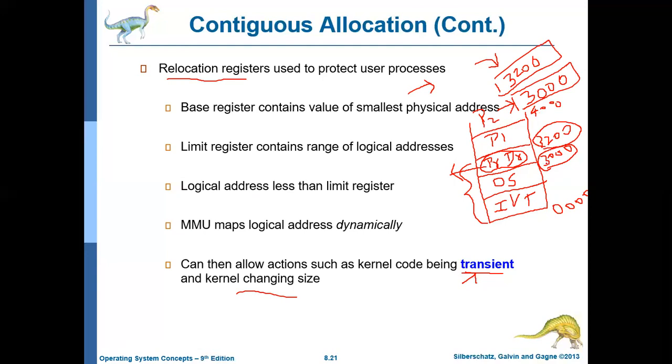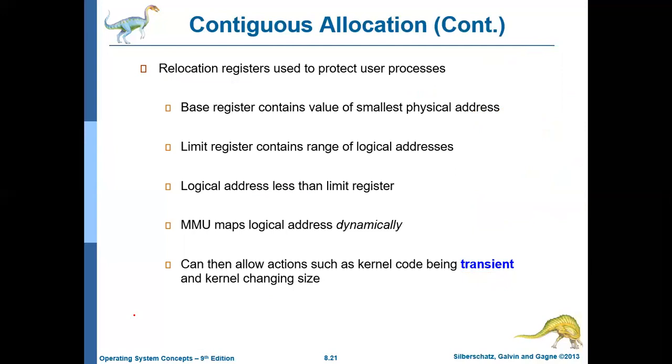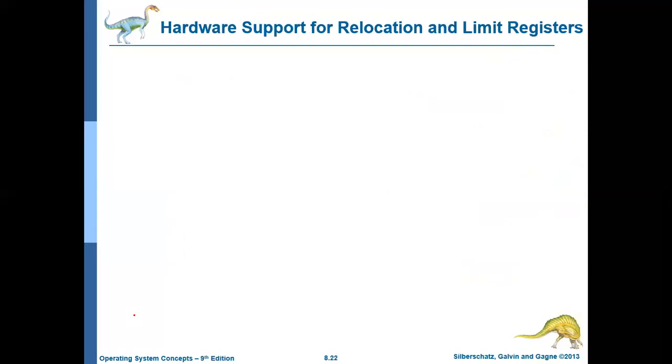But if the operating system ends at 3000, then P1's base register will be 3000 and P2's base register will be 3800. So the relocation register allows the operating system size to grow or shrink dynamically. That is also one of the usages of the relocation register.